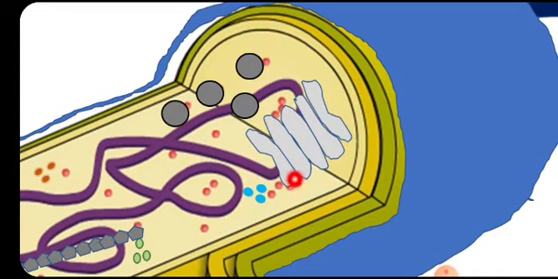These are called gas vesicles, and they contain gas which helps in the floating characteristic of bacteria. Particularly they are present in photosynthetic bacteria present in aquatic environments or in water.